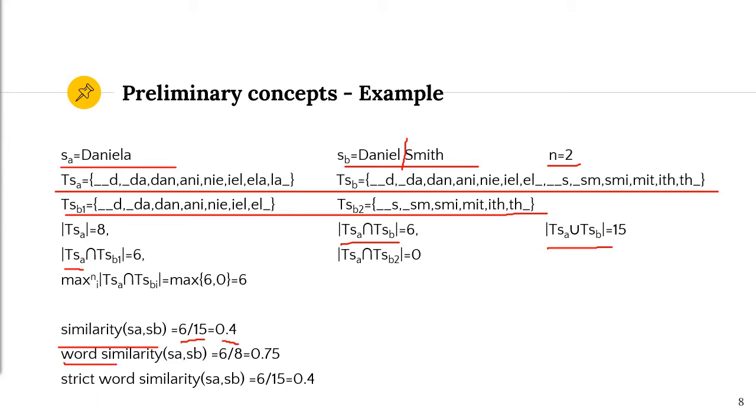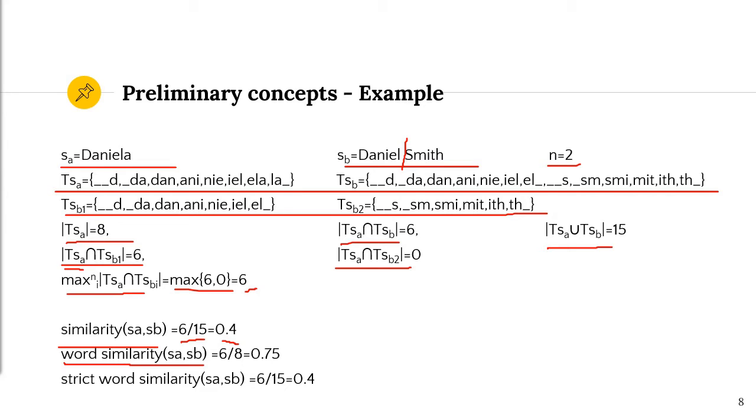Now, to calculate the word similarity, we take the max calculated value between the intersection of the sets A and B1, and the intersection of the sets A and B2. So the max value between 6 and 0 is 6. Next, we count the number of sets from A, which is 8.